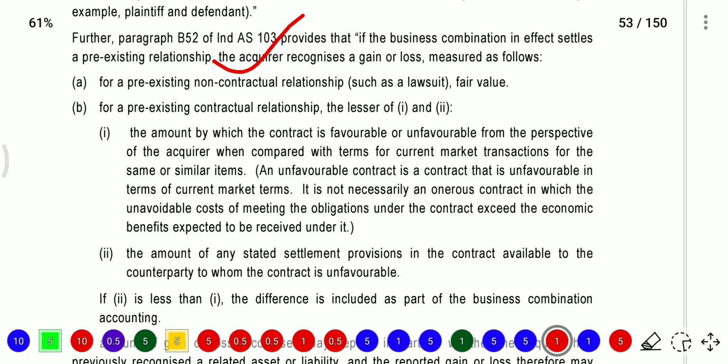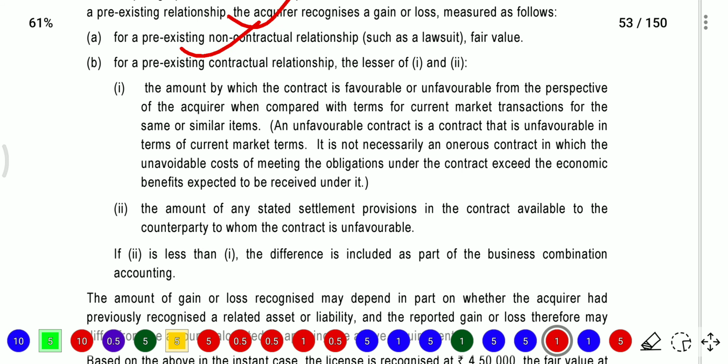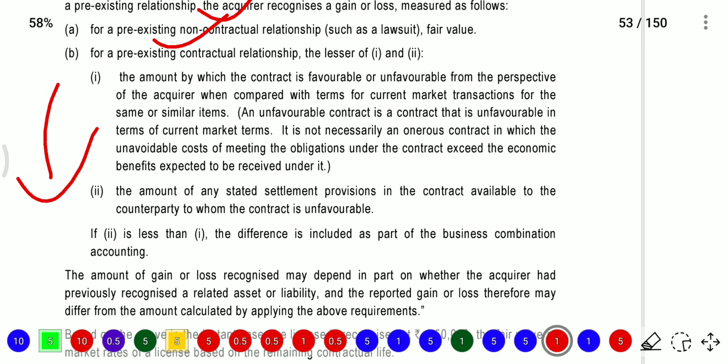But if you have a pre-existing contractual relationship, we will go with the lesser of the given amounts below. So what is the amount they have provided? Whatever amount they are giving here, that amount will be used. Here they provide the amount by which the contract is favorable or unfavorable from the perspective of the acquirer when compared with the current market transaction.